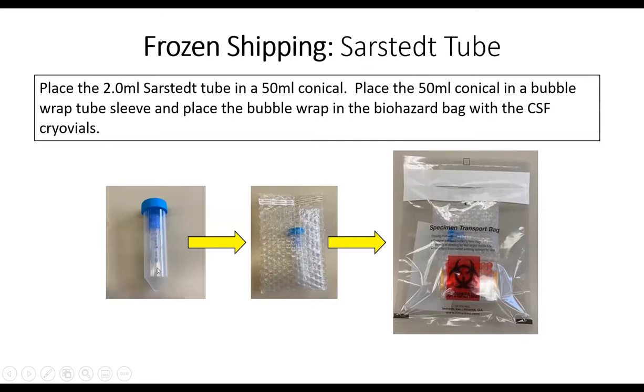It will need to go into the 50 ml conical that we provide. That conical then will go into the bubble wrap, and that will go into the large biohazard bag with the CSF. So all of these items are from the same subject at the same visit in one bag together. Only one subject per biohazard bag, please.